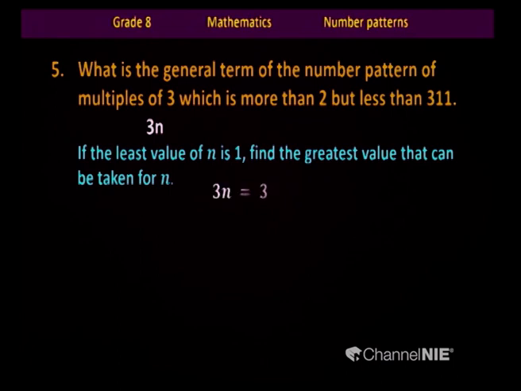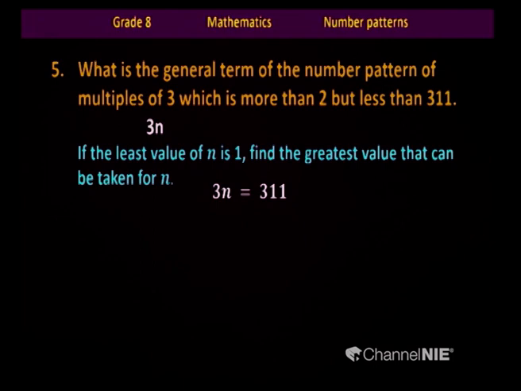We will see. So, here if 311 is a term of this number pattern, we should have constructed an equation as 3n equals 311. Here we have taken 311 because they say the value is less than 311. So, obviously the value should be less than that, but we will just consider 311 as a value.